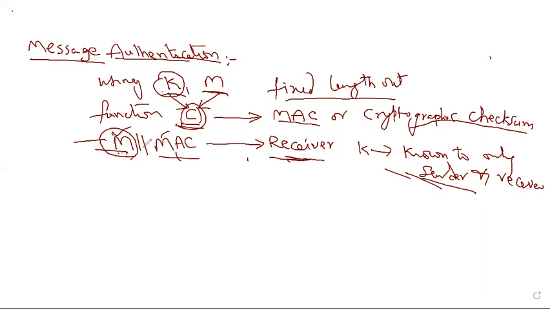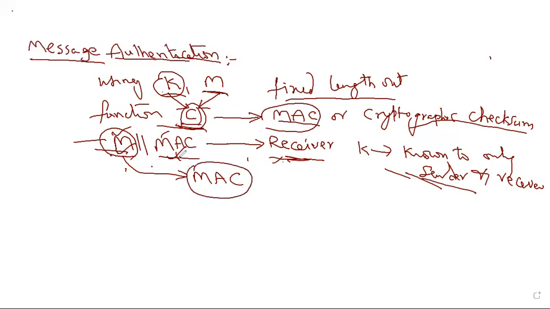After receiving the message along with the MAC code, the receiver must again generate the MAC code from the received message by using the same function with the same key, because this key is also available at the receiver. That key should be maintained by both sender and receiver. Whatever procedure the sender used to generate the MAC code, the receiver uses the same procedure.